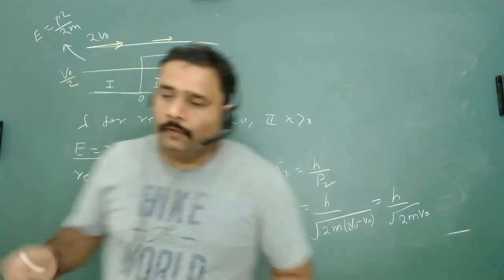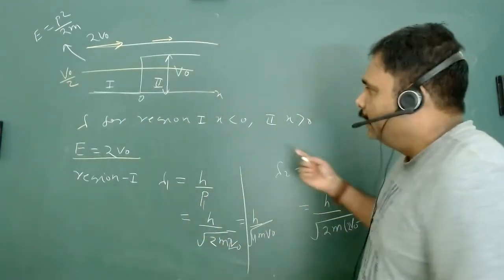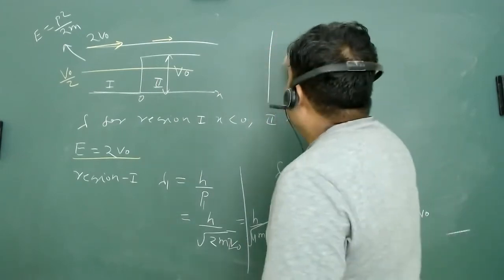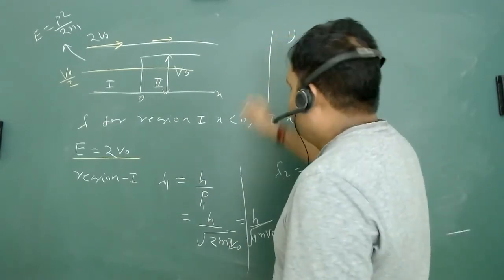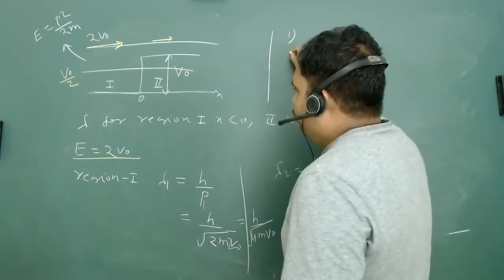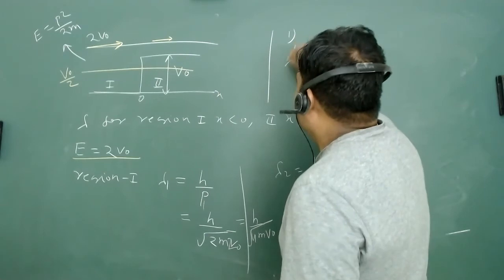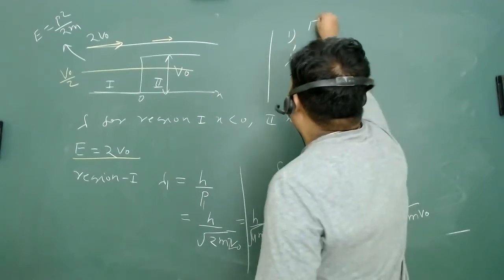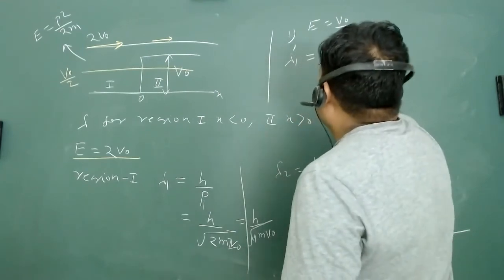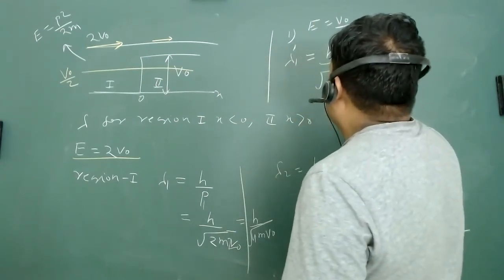Let's try the case when the energy is V naught by 2, and this is very interesting. In region 1, we can find lambda 1 dash, for energy equal to V naught by 2. We can again use lambda equal to h by p.